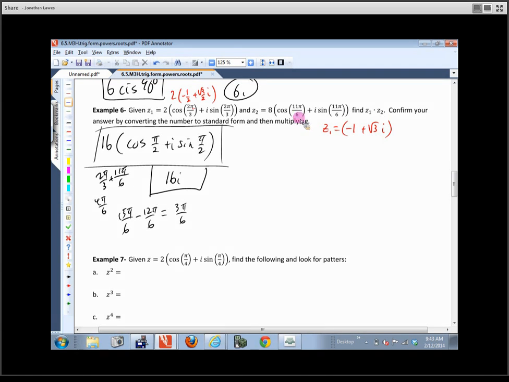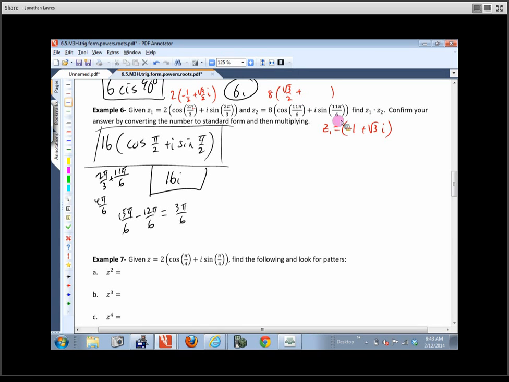Okay, let's do this one. Have an 8 out front. 11 pi 6, and I need a cosine for that. Cosine of 11 pi 6. We're in quadrant 4. It's that small one. It's going to be radical 3 over 2, right?